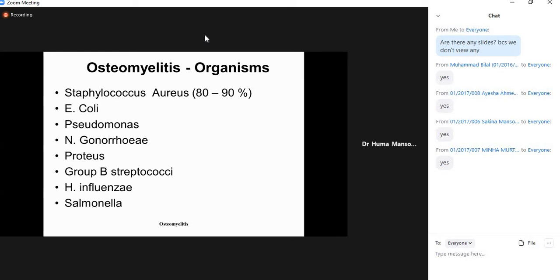We already talked about the organisms. 80 to 90% of the time it is Staphylococcus aureus. E. coli, Pseudomonas, and Klebsiella are not mentioned over here because they are most common in IV drug abusers. Haemophilus influenzae and group B streptococci are more common in neonates, and Salmonella is more common in sicklers.